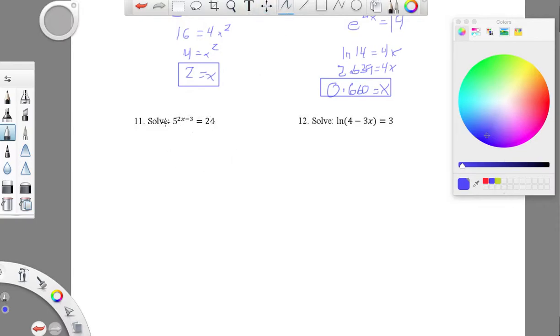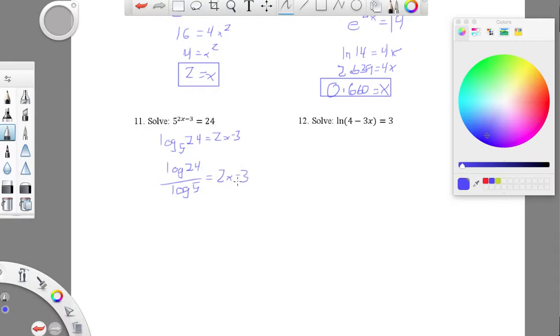Here, this is pretty straightforward. We have to rewrite this as a logarithm. So the 5, that's the base of the exponent, so it's going to be the base of the log, and I'm going to take that of 24 and set that equal to the other side. Now here your calculators can only do log base 10, so I'm going to change this using the change of base formula.